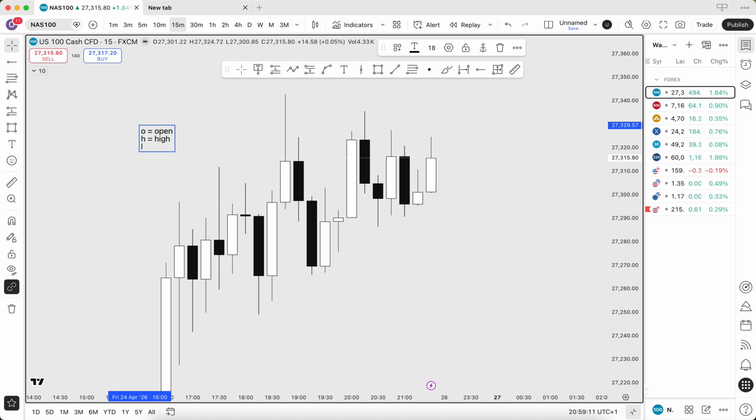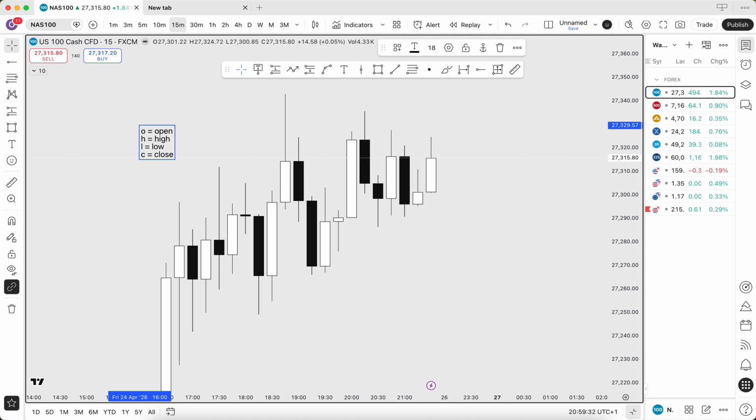L equals low. C equals close. So if you understand these four things, you've understood everything about candles.